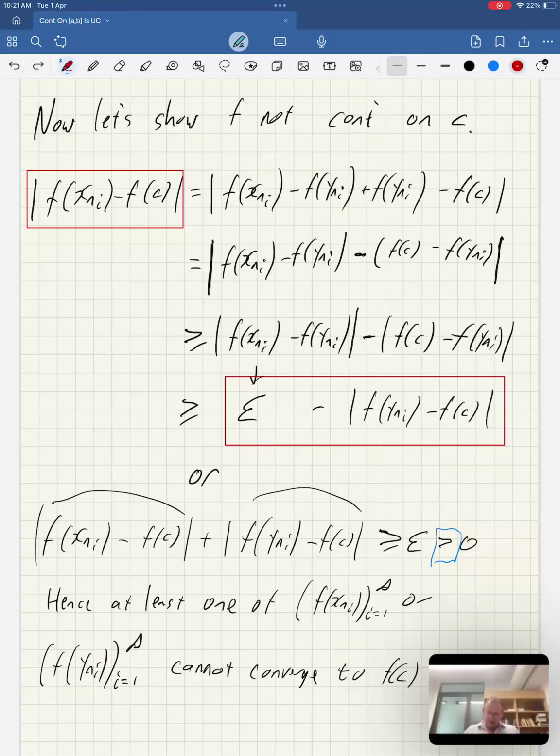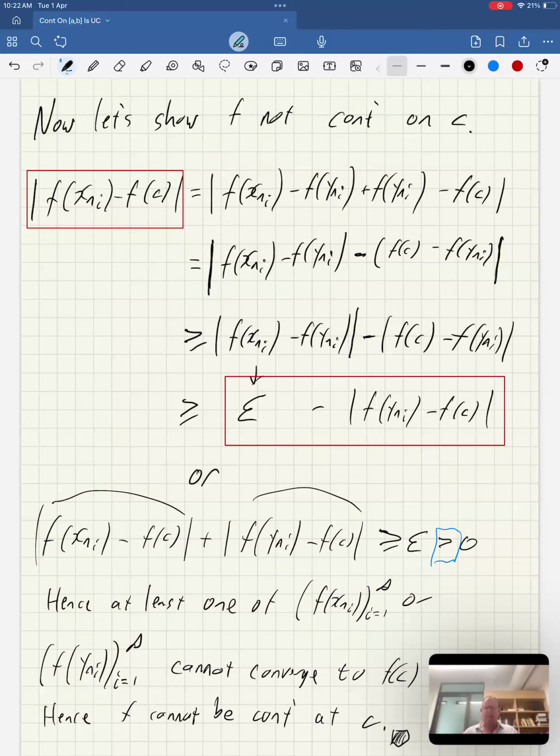So at least one of them cannot converge to f(c). Hence there exists a sequence that converges to c, but the function of the sequence does not converge to f(c), and hence f cannot be continuous at c. And that's it.